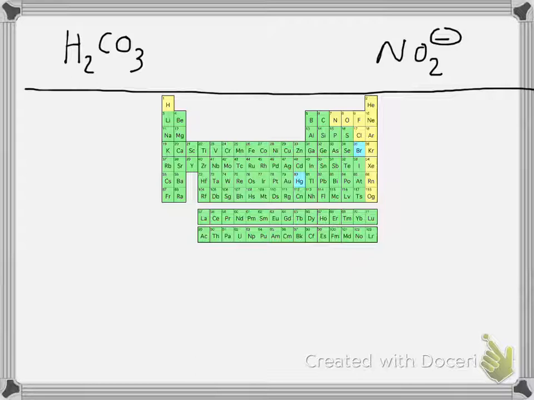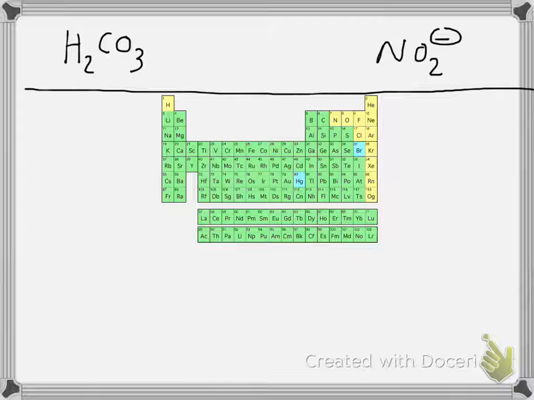So I have our periodic table right here. When we're assigning oxidation states, we want to first assign those which are most common or most repetitive.